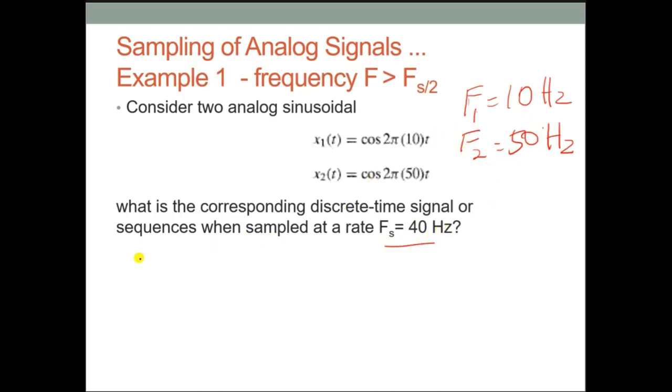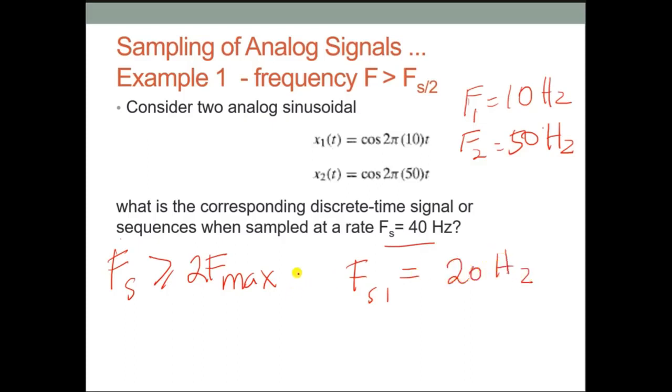If we follow the Nyquist sampling theorem, Fs is bigger than or equal to 2 f max, so for signal 1, x1(t), the minimum is 20 Hertz, because 2 times 10 Hertz.